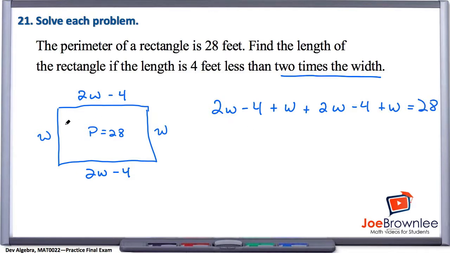Because this side plus this side plus this side plus this side has to equal the perimeter, 28.